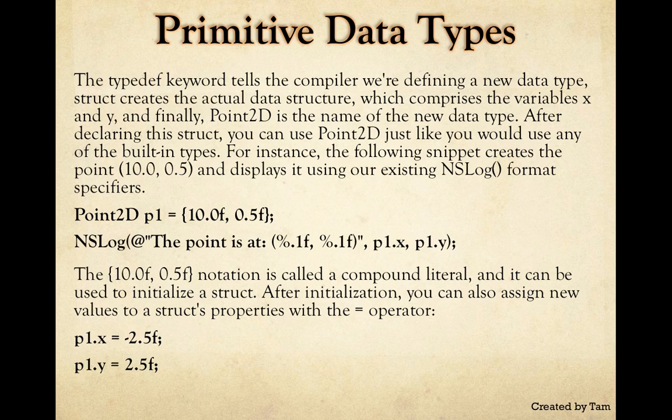Point2D p1 = {10.0f, 0.5f}; NSLog(@"The point is at (%1.1f, %0.1f)", p1.x, p1.y); The {10.0f, 0.5f} notation is called a compound literal and it can be used to initialize a struct.